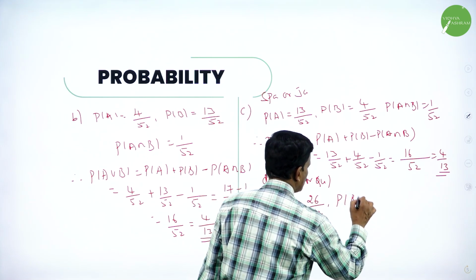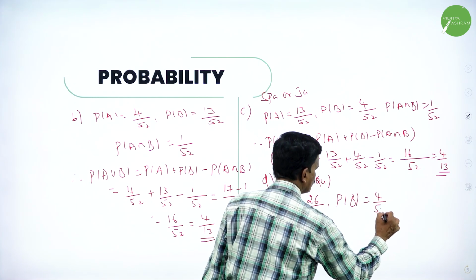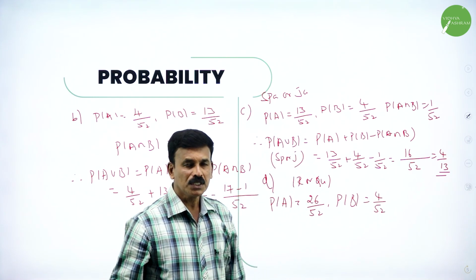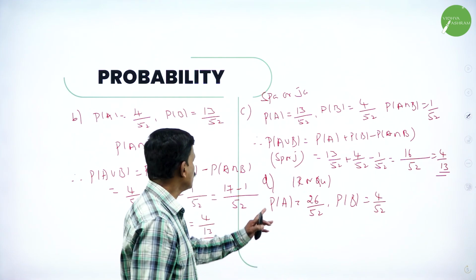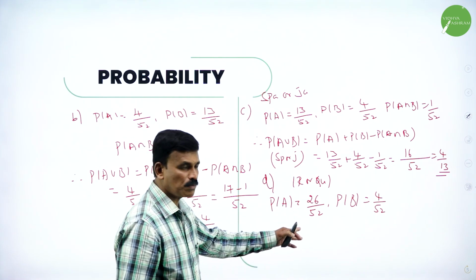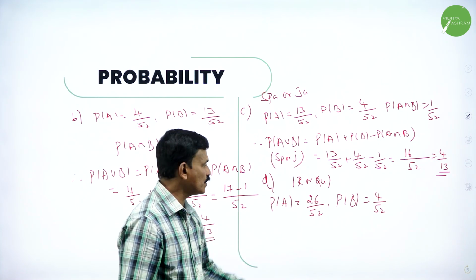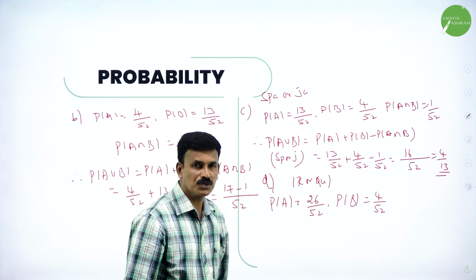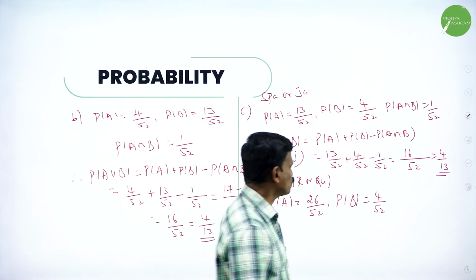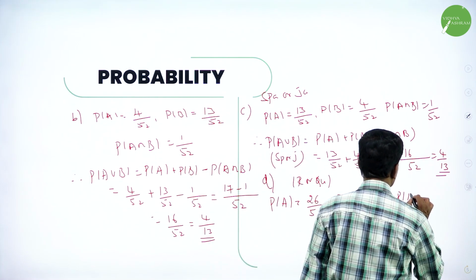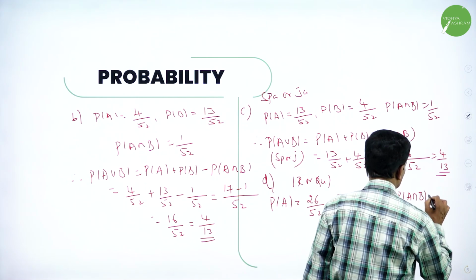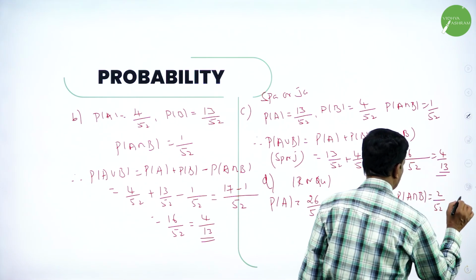And B, the probability of queen, is nothing but 4 divided by 52. And the intersection of these two, probability of A intersection B, is equal to 2 divided by 52.